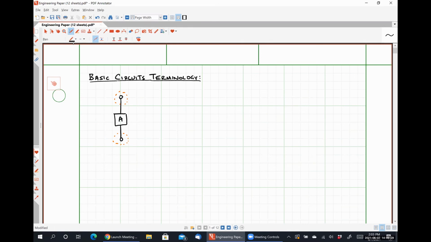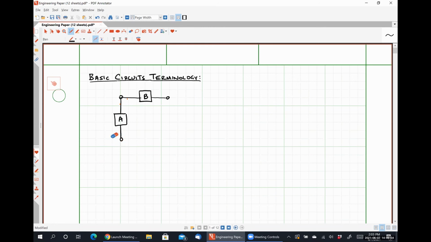So if I wanted to introduce another circuit element into this system, let's call it element B, I would simply connect the two circuit elements together by connecting a set of terminals like so. What this has done has created a network.